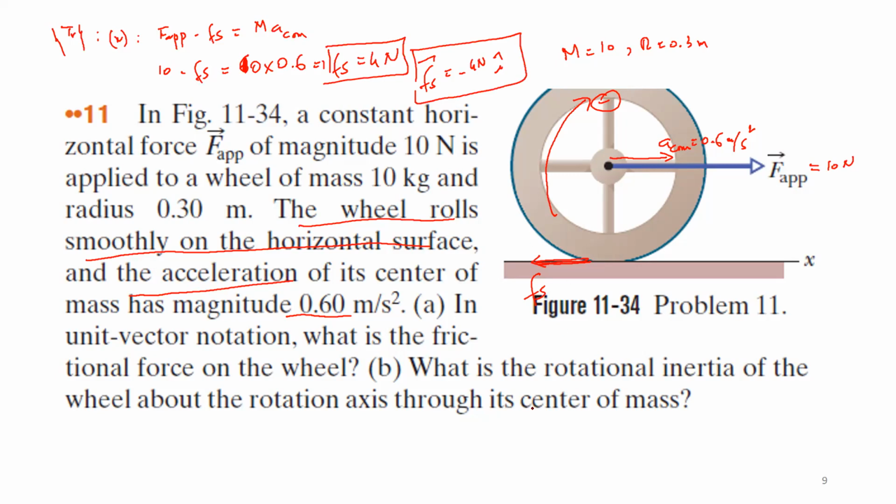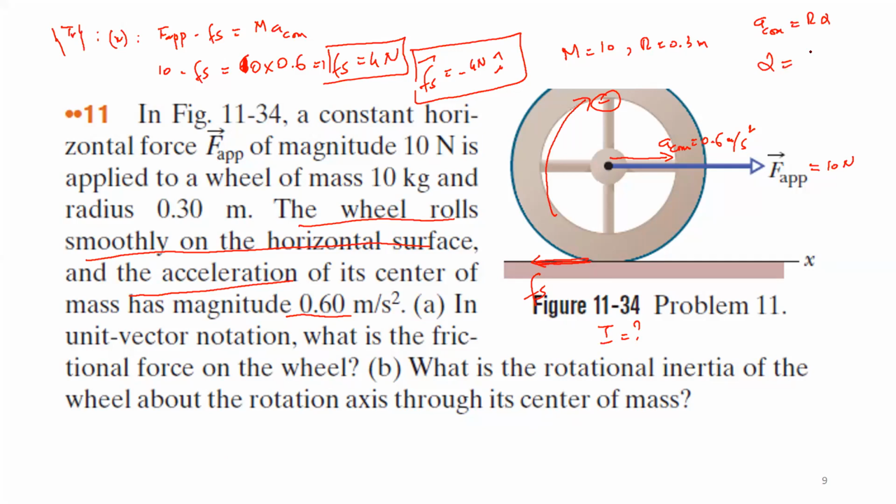Now the second question is, what is the rotational inertia of the wheel about a rotational axis passing through the center of mass? I want I. So how do I get I? I will say something very simple. Let me first get alpha. I know it's a smooth rolling, so the acceleration of the center of mass is just R alpha.